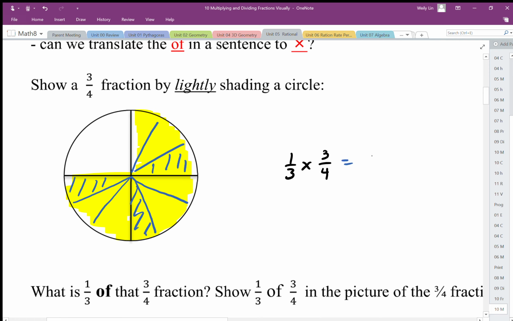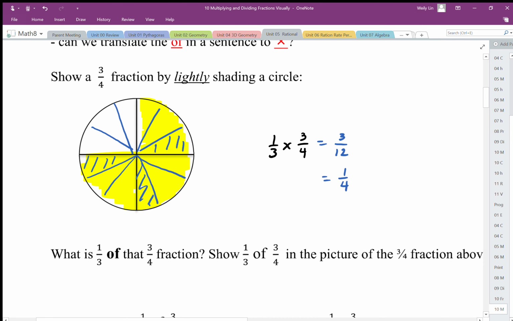And that would mean that we have 3 1/12 pieces, because if we slice up the quarters into thirds, we have 12 pieces that make up our whole. So we can say that the answer would be 3 out of 12, which again will reduce to 1/4. So there's two ways we can interpret that, but both ways we end up with the same solution. We end up with 1/4.